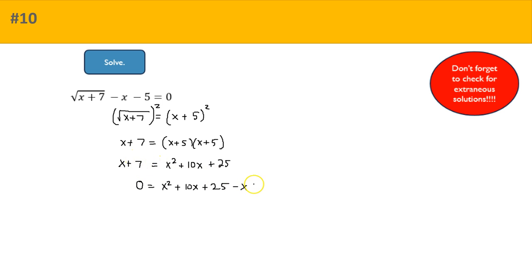And moving this 7 over makes it negative 7. So as we combine like terms, we get 0 equals x squared, and 10x minus x gives me 9x. And 25 minus 7 gives you 18.